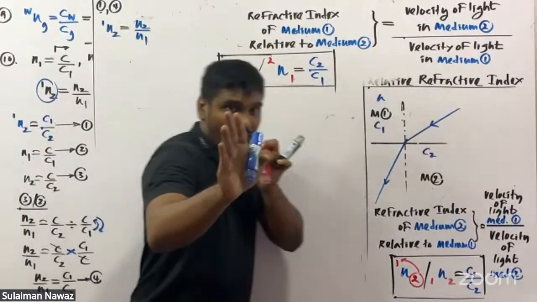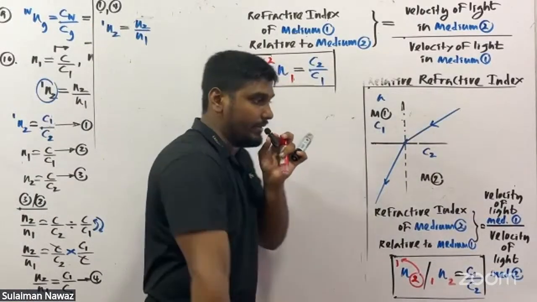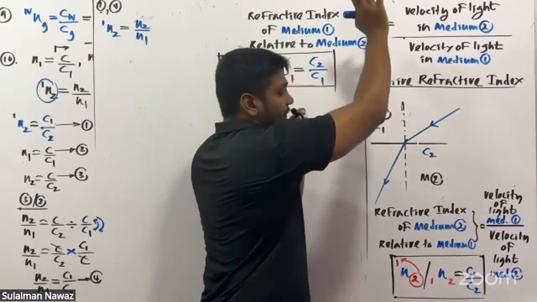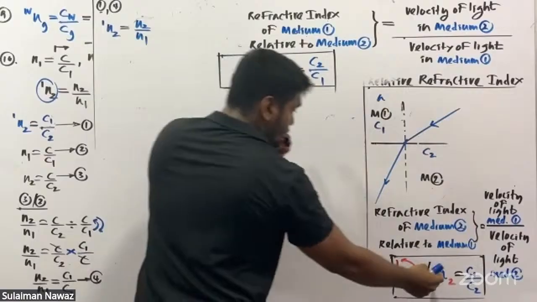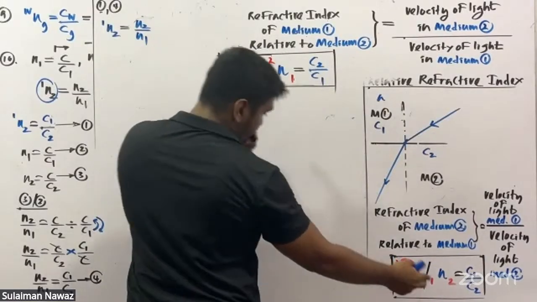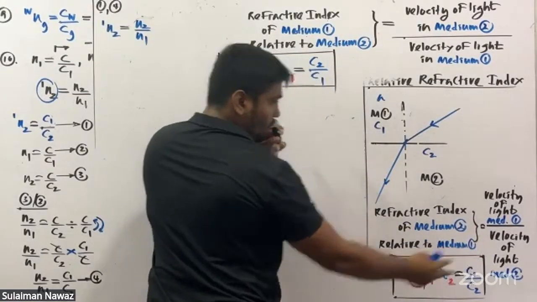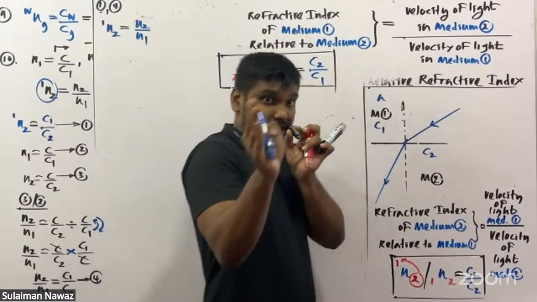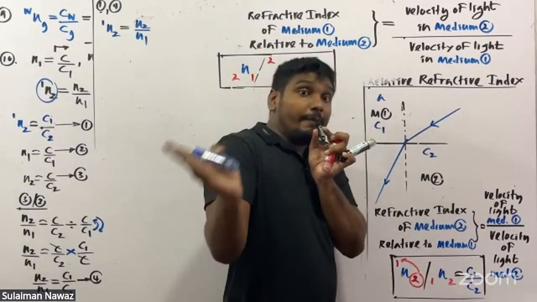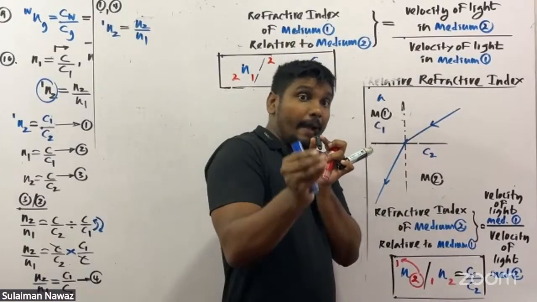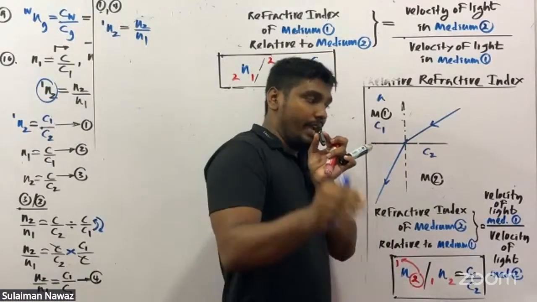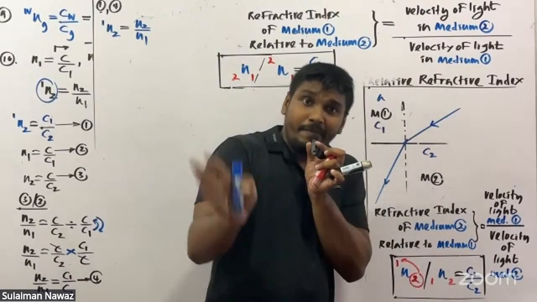Now see, the relative refractive index in the definition we wrote in terms of speed ratio, right? The refractive index of medium 2 relative to medium 1 means C1 over C2. But you can write the relative refractive index in terms of the absolute refractive index ratio. N1 means the absolute refractive index of medium 1, N2 means the absolute refractive index of medium 2.